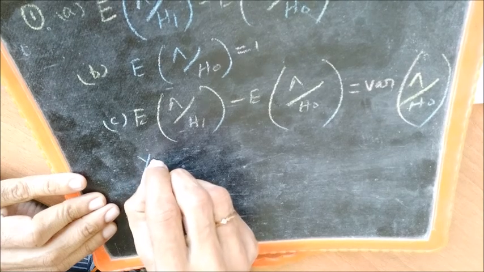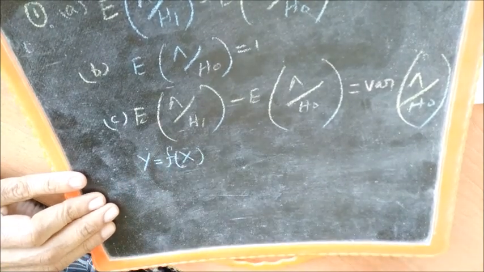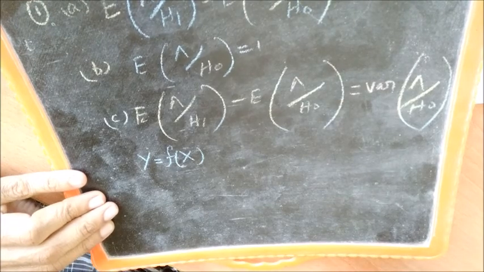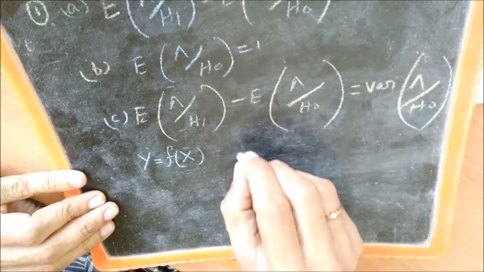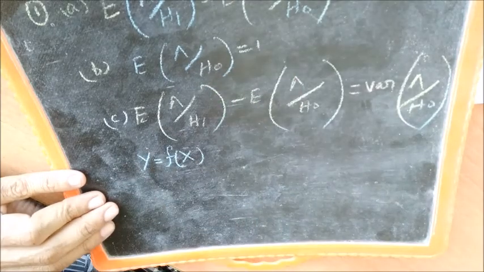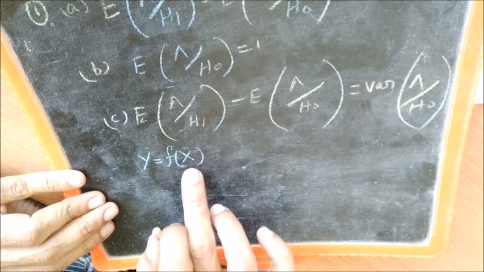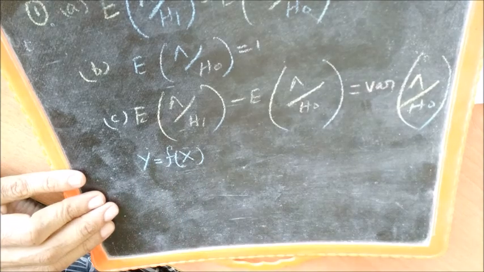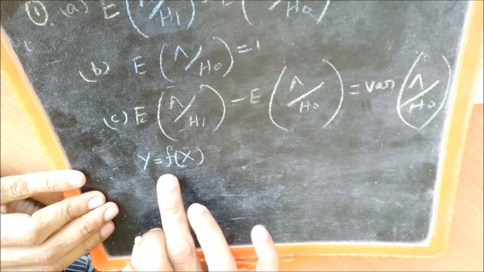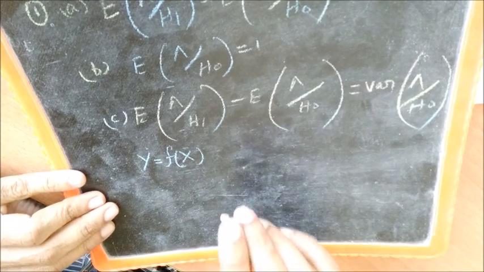Suppose y is a random variable and it is a function of another random variable x. The likelihood ratio is itself an example. The likelihood ratio is a random variable and it is a function of the received random vector or random variable r. So y is a function of x where y and x are random variables.